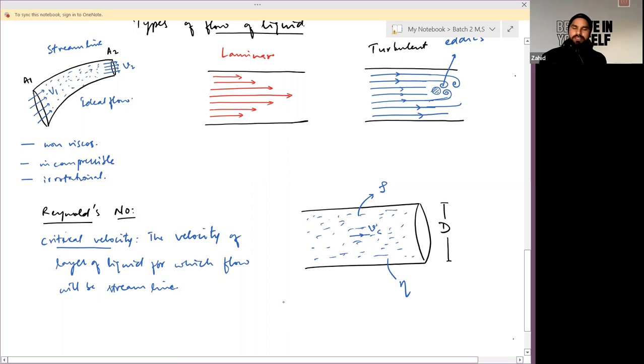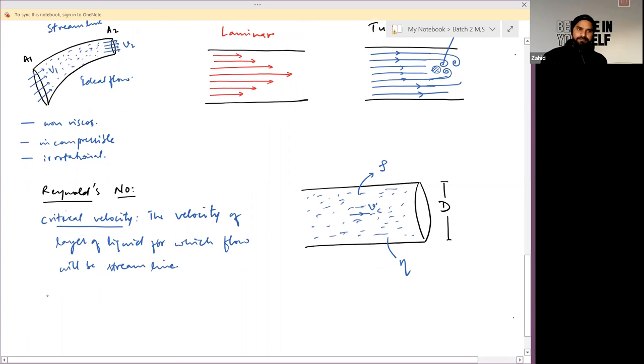Now, this critical velocity may depend upon three different factors: density of liquid, coefficient of viscosity, and diameter of tube.